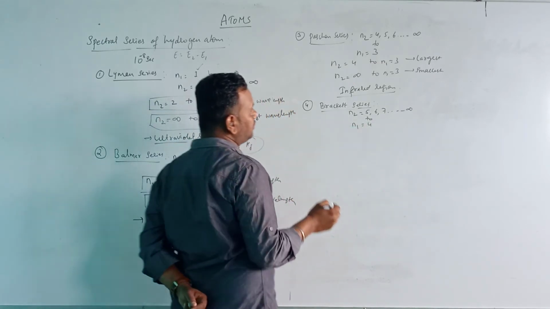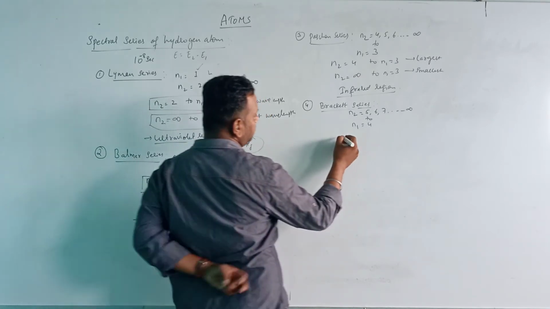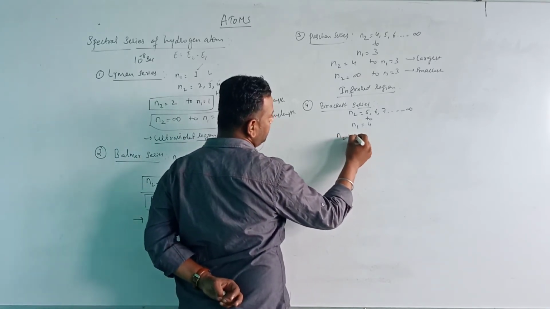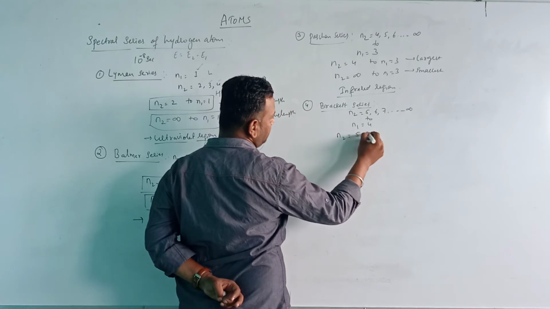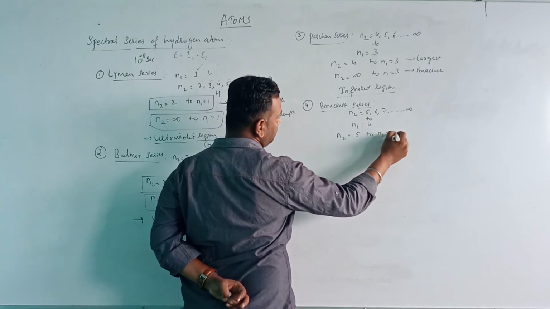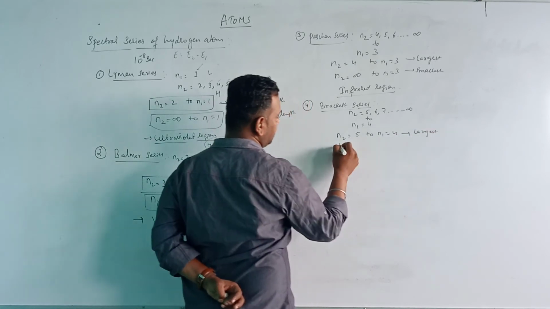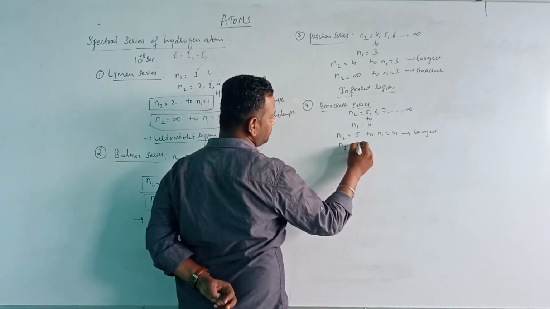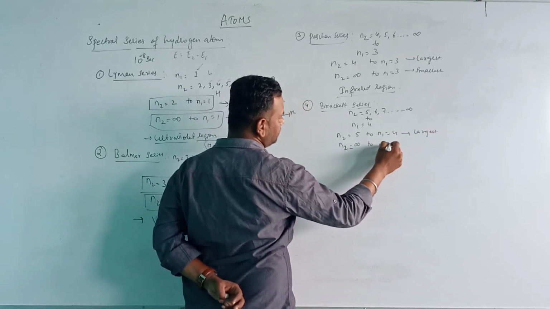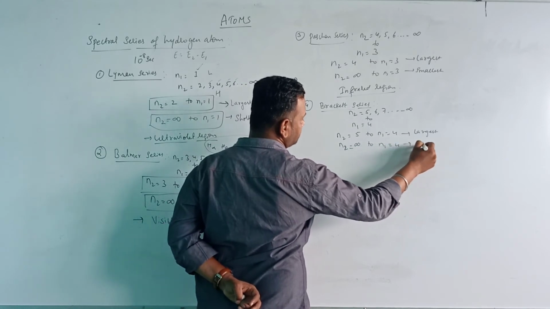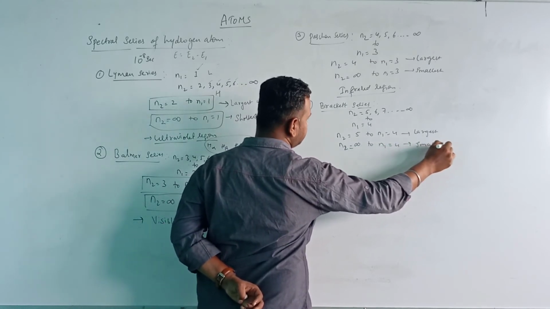The largest wavelength corresponds to the transition from n2 is equal to 5 to n1 is equal to 4. This is the largest. And n2 is equal to infinity to n1 is equal to 4 is the smallest.